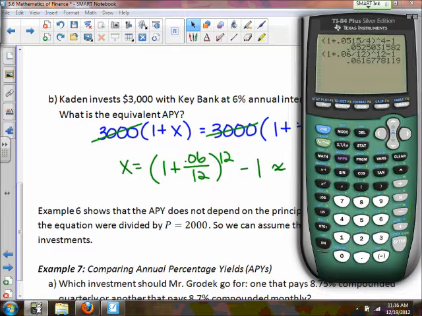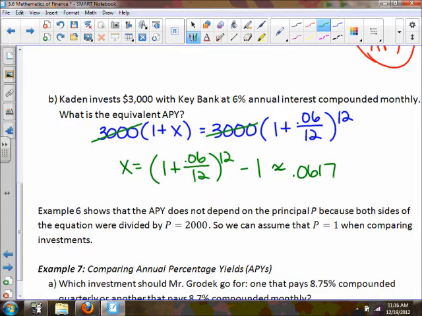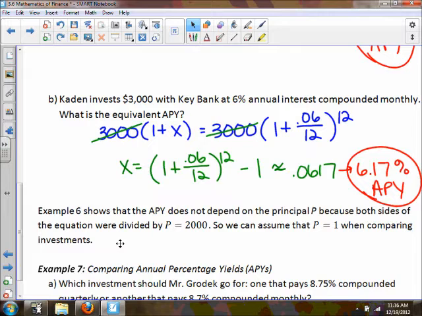So you get about 0.0617. All right, so 6% annual interest compounded monthly would be the same as 6.17% annual interest compounded yearly.